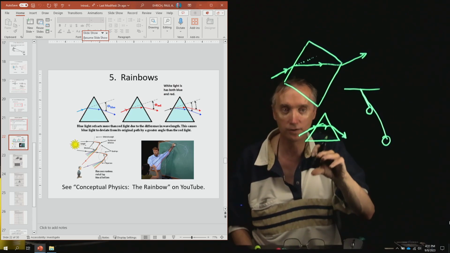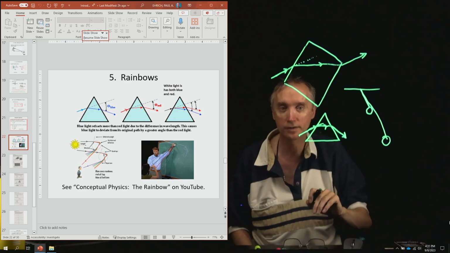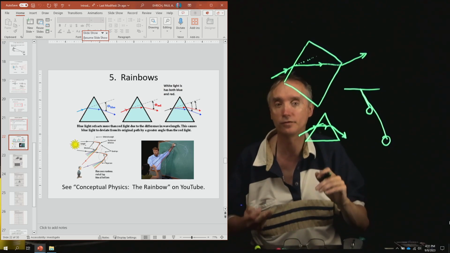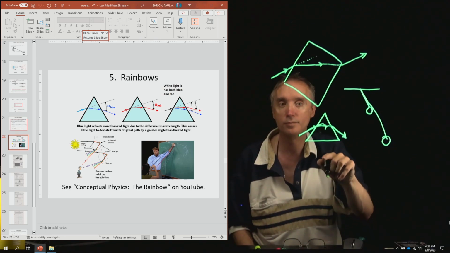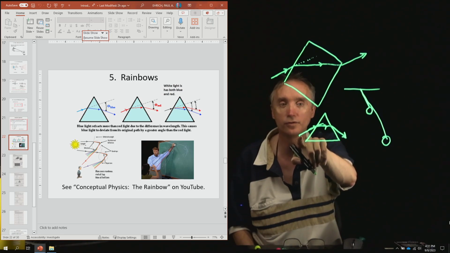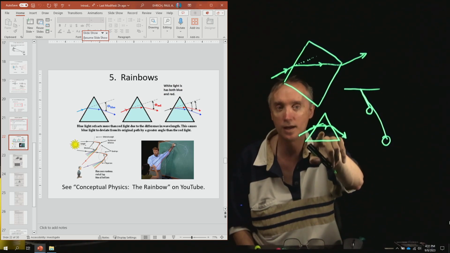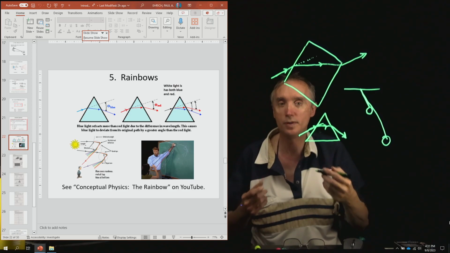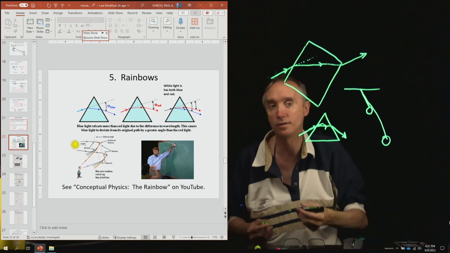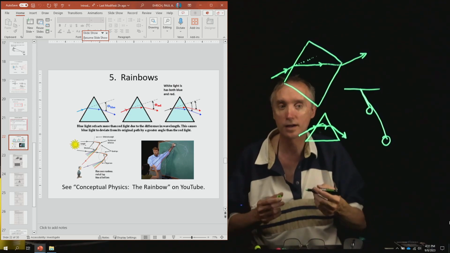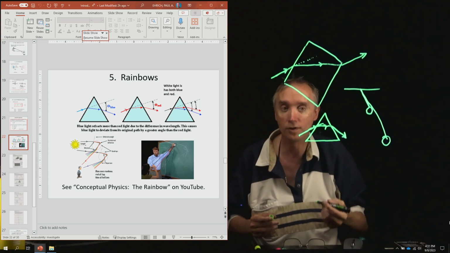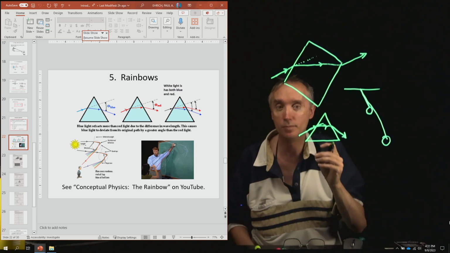So different colors of light in the electromagnetic spectrum have different frequencies. So that means that when these different frequencies interact with the piece of glass, some are going to be bent more than others. If they interact strongly with the atoms, they're going to be bent very much.